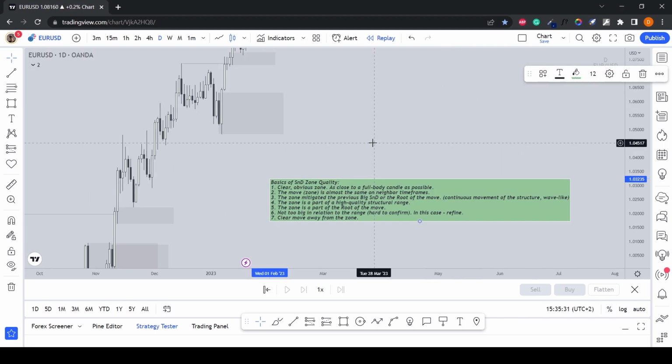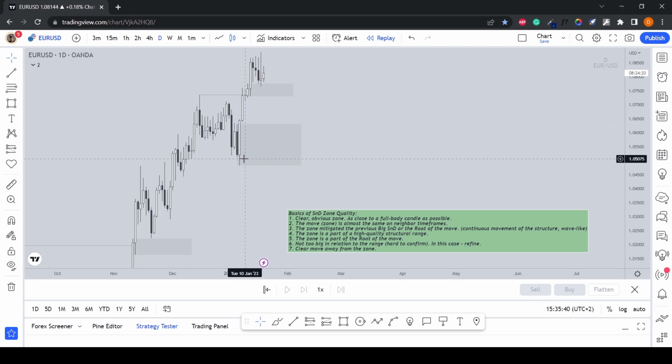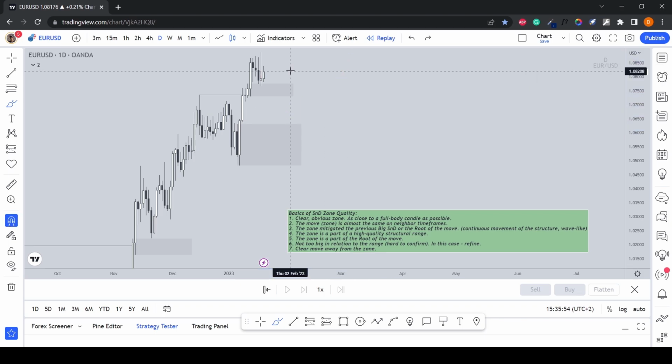Now our last point is a clear move away from the zone, because sometimes you can have a clear, obvious zone, like an almost full body candle, but then the move from the zone could look like this, starting to move, not mitigating, and then going for an impulse.